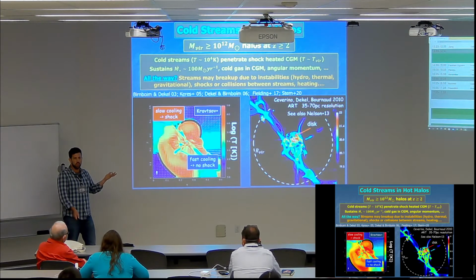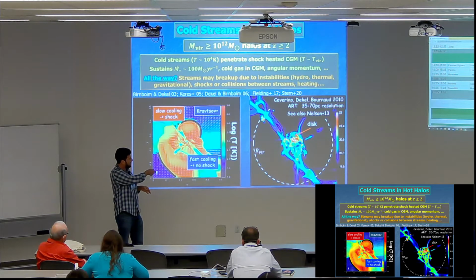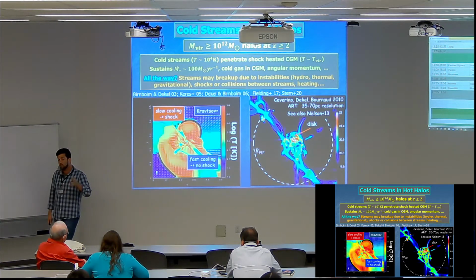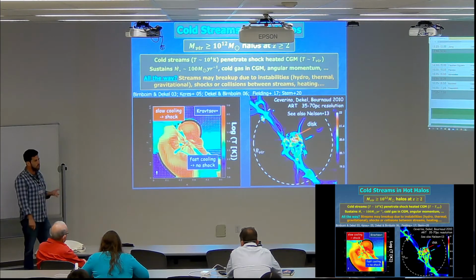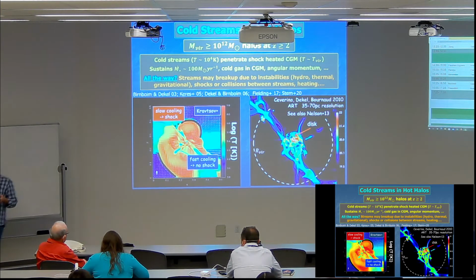You should not be using cosmological simulations to answer these questions, because at best, out near the virial radius of a halo, where most of this action is taking place, cosmological simulations resolve these streams by 20 cells, 30 cells, maybe. That's not nearly enough resolution to understand the detailed physics that really governs this interaction. So that's motivation number one.